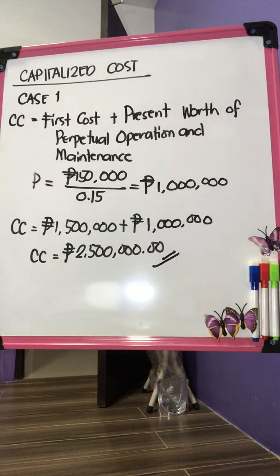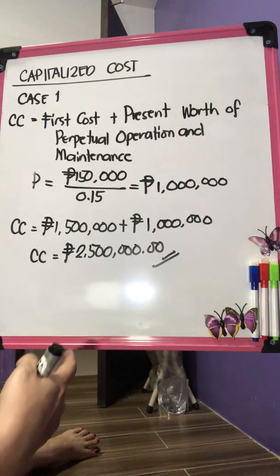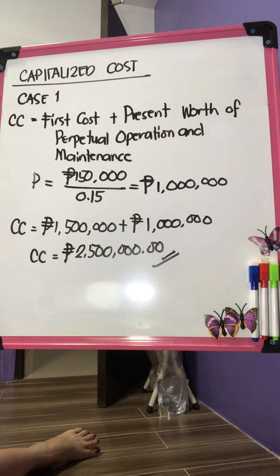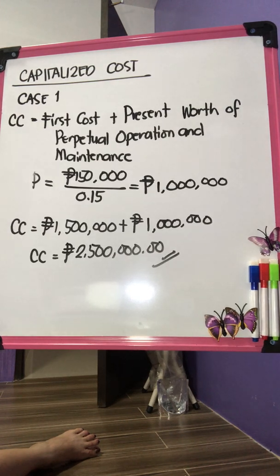So, very simple lang yung ating case number 1. Gagamitin nyo lang yung formula natin for perpetuity, and then makukuha nyo na yung ating present worth for perpetual maintenance or operation. Move tayo with case number 2.